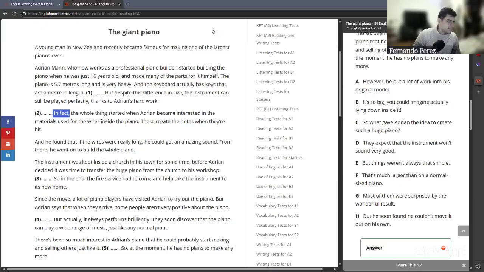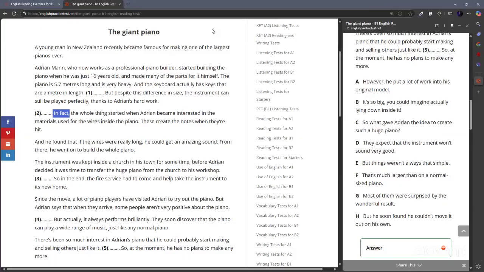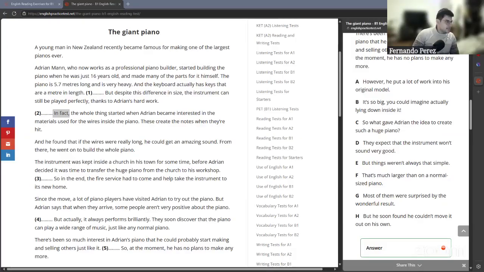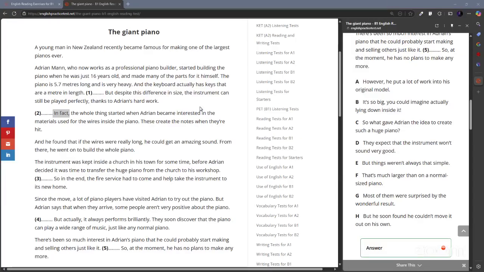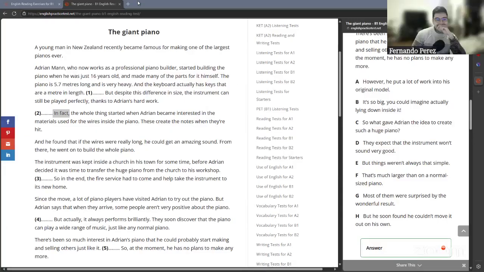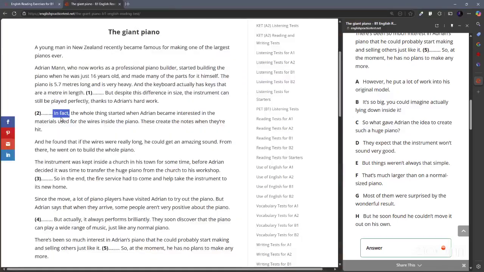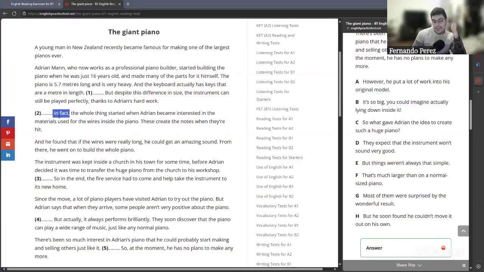Well, the thing is that in fact is a synonym to say for example. This means that this information is an example to this.